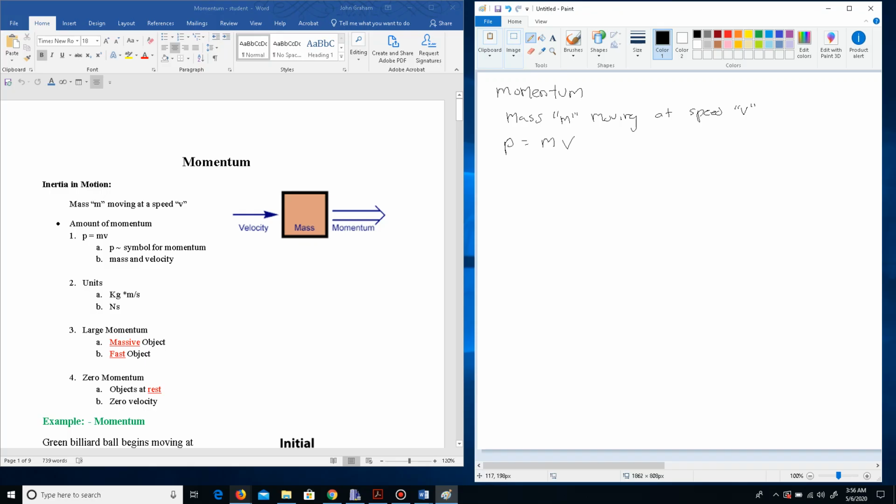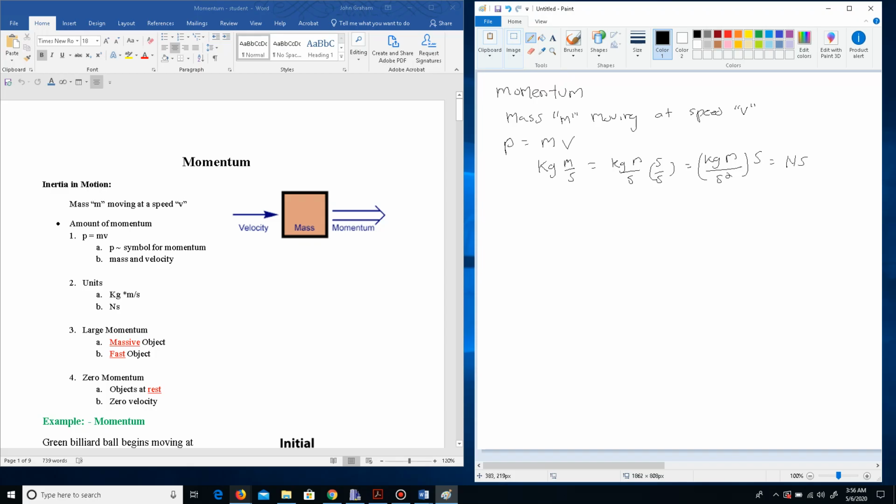The units of momentum follow the equation, kilograms meters per second. Or if we multiply this by second over second, we get kilograms meters per second squared times second, which is a Newton second.